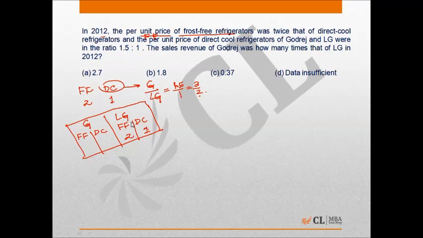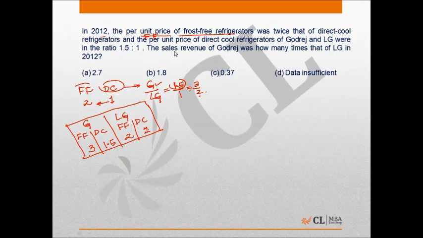And if the direct cool price of LG is 1, so that of Godrej is going to be 1.5. So the direct cool price of Godrej is 1.5, and hence the price of frost-free for Godrej is going to be the double of its direct cool pair, which is going to be 3. So these are the prices.